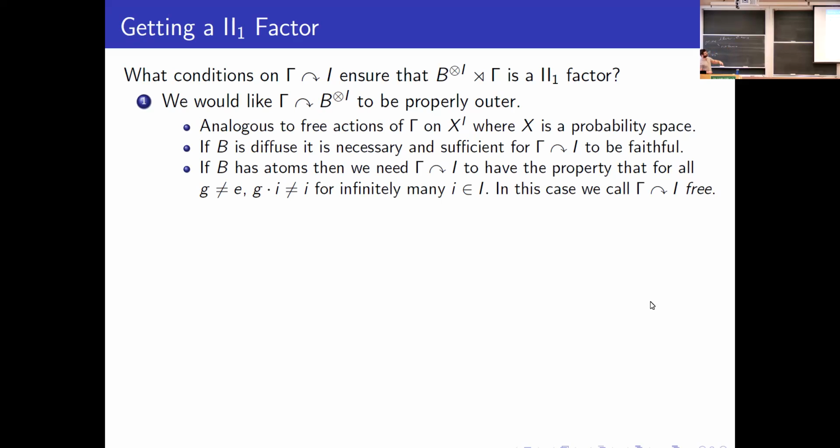So for most of the results, I'm just going to say B is diffuse, so I don't have to say free and upset people. But I can also just have the action be free, in this weird discrete sense.